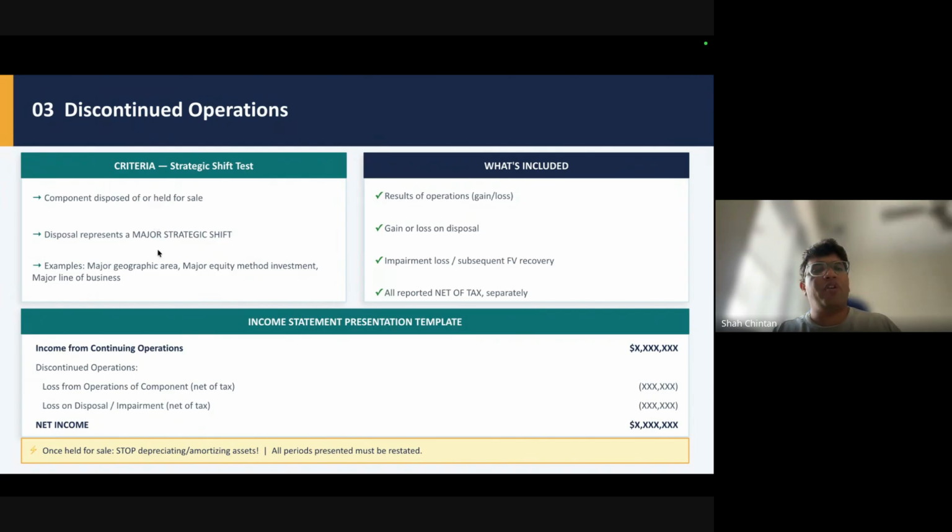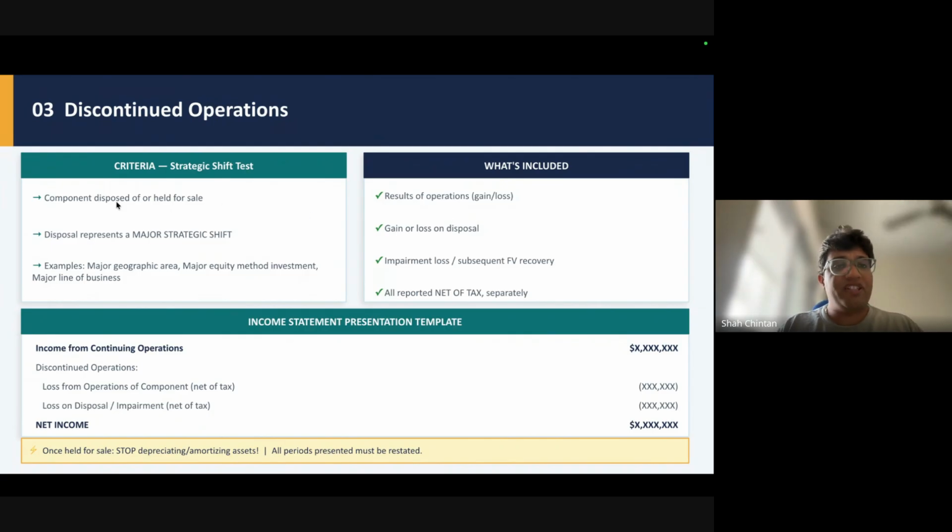But from your exam point of view, you have three factors which you need to remember. Now, what do we include when we have a discontinuing operation? If it is not disposed of, it means you are still running the business. You have only taken the decision that you are going to sell the particular item, then you show the results, the net profit or loss from that particular discontinued segment.